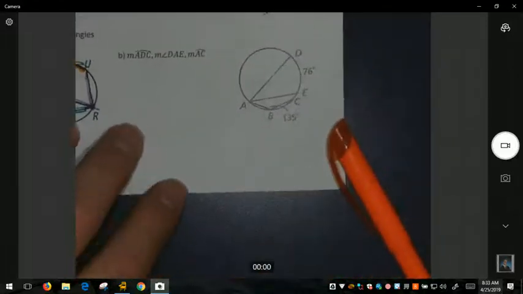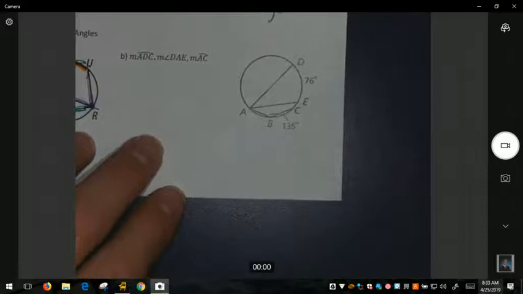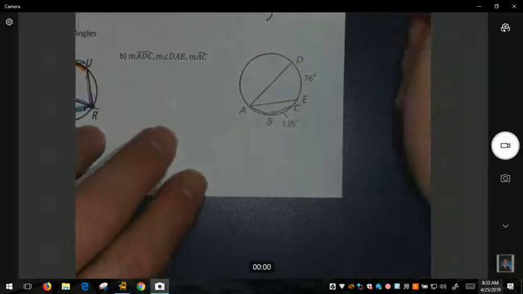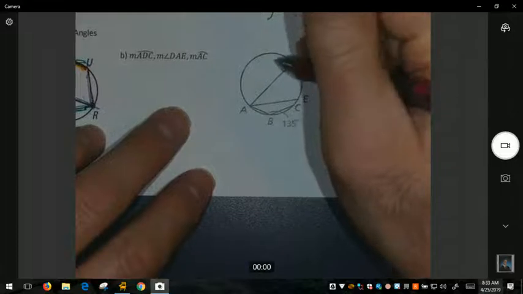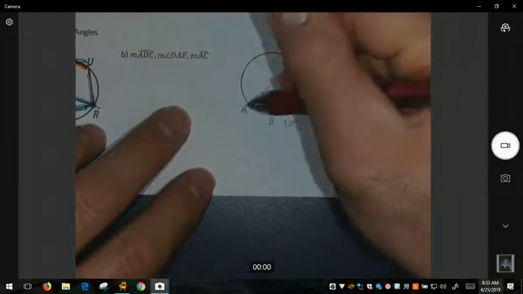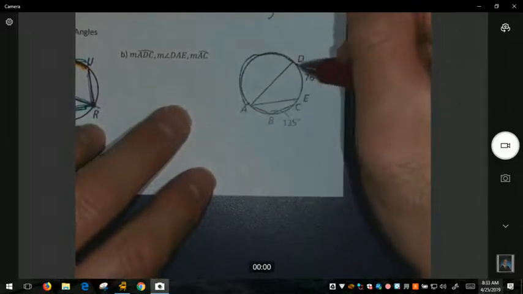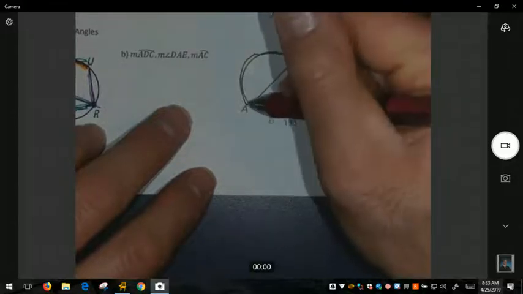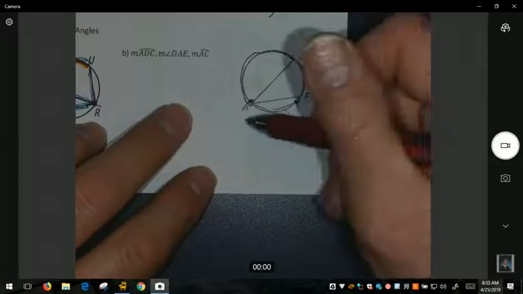Let's take a look at letter B. Take a moment to pause the video and see if you can do this one. The first thing they asked for was the measure of arc ADC. ADC goes all the way around from here to here. I don't have the other arc over here.